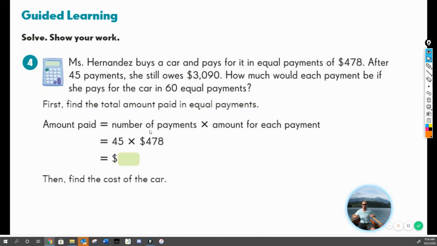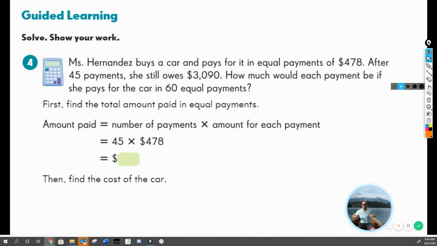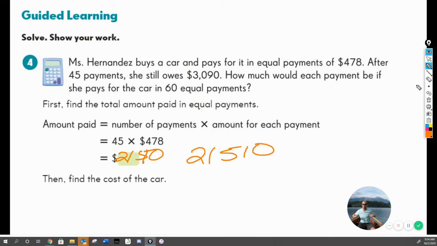45 times 478. So the amount she's paid so far is $21,510. Okay. But then after that, she still has to pay $3,090 more.